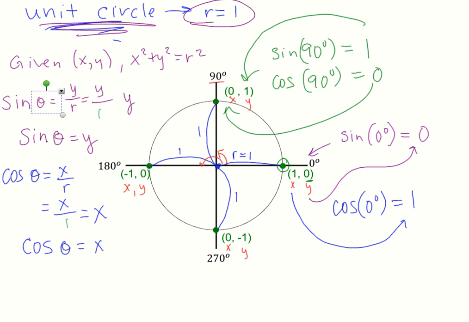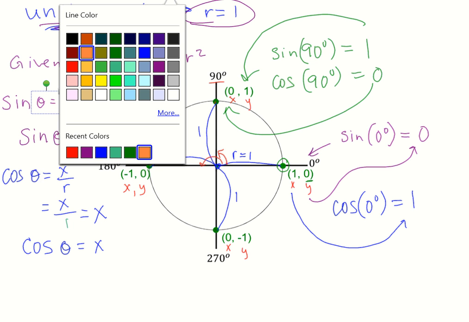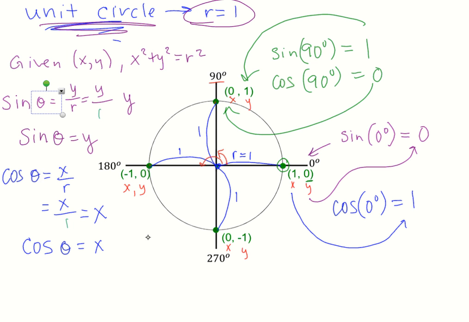Okay, let's see, let's do 180. I'll have to come down here for it. So the cosine of 180, cosine is x, so the answer is going to be negative 1. The sine of 180 is the y value, so it's 0.